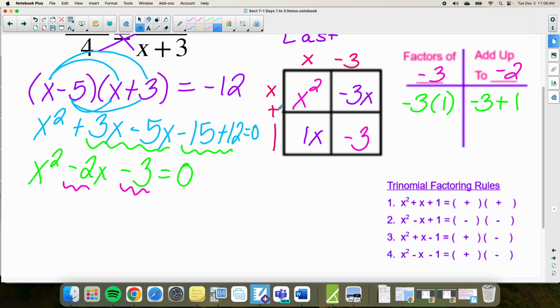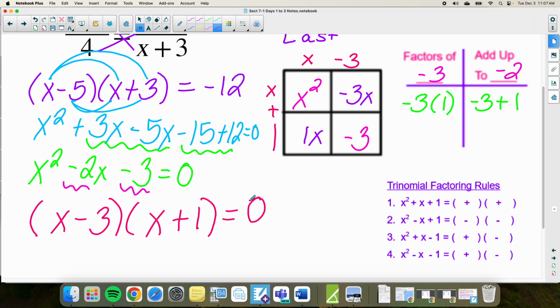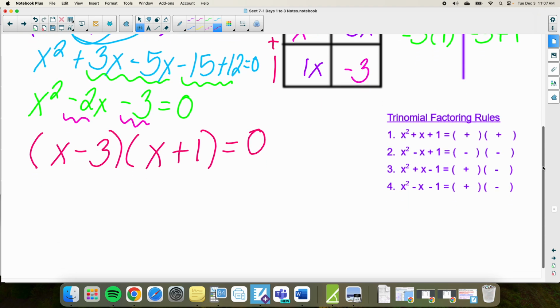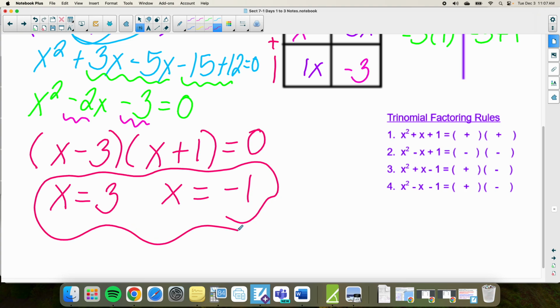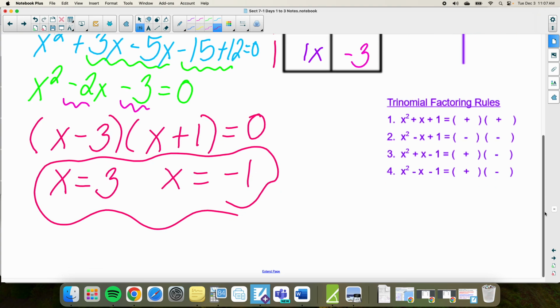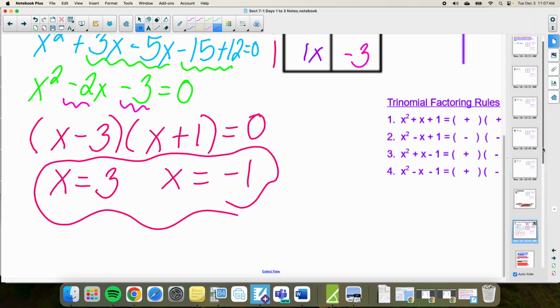And negative 3 times 1 is negative 3. So now one of our factors is x minus 3. One is x plus 1. And that equals 0. Okay? Then when you go to do that last step and we solve for x, we do the opposite of this, which is 3, opposite of this, which is negative 1. So that is what we learned yesterday, okay?